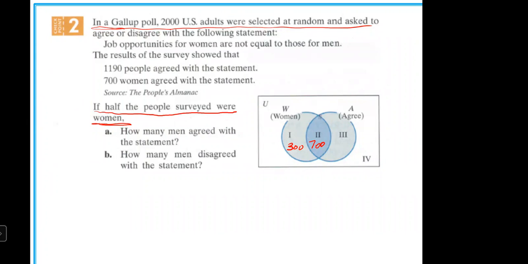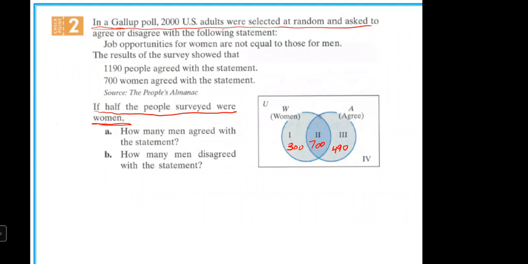Now it says 700 women agreed with the statement, but 1,190 persons agreed with the statement. So we have 2 numbers we're looking at. 700 women agreed, but 1,190 persons agreed. So we need to know what should go in region 3. We already have region 2 filled out. 490. Okay, so 490 would make up the balance of that circle to give you a total of 1,190.